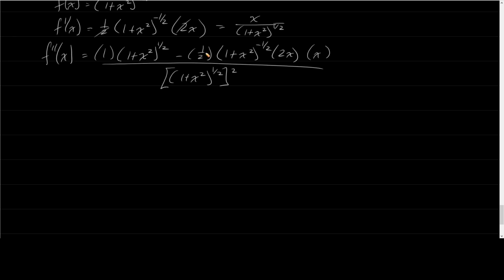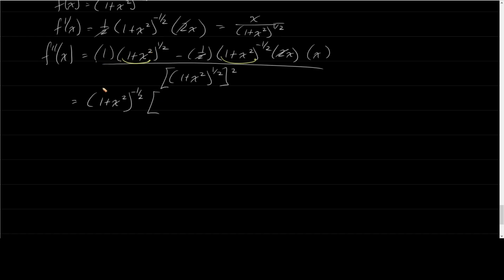So now, in here, this 2 and this 2 cancel each other out. So what do I have here, really? Well, I see that I have a 1 plus x squared and a 1 plus x squared, so we can factor out a 1 plus x squared. But when we factor these, we have to factor out the smallest of the two exponents. I've got a negative 1/2 and a positive 1/2. The smaller of those two is negative 1/2. What am I left with?